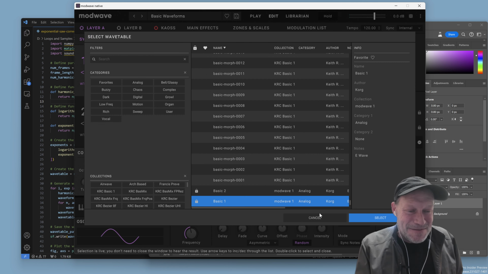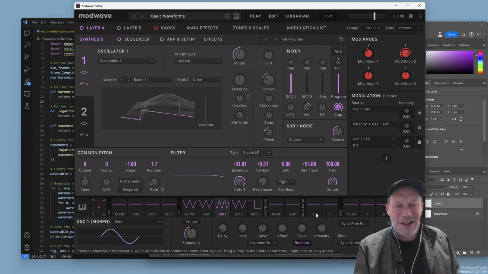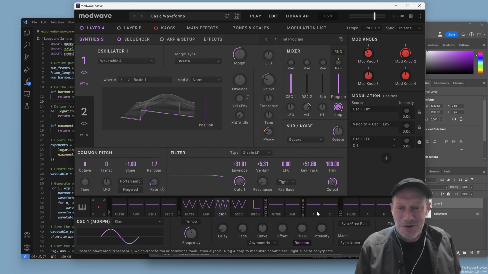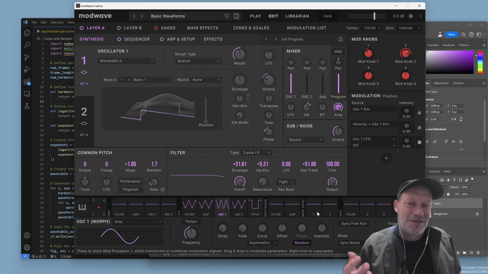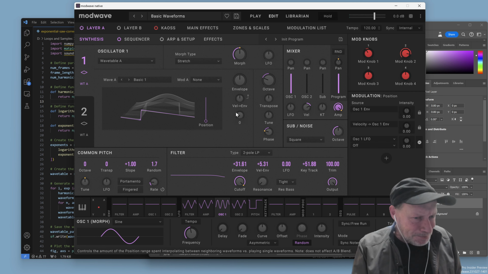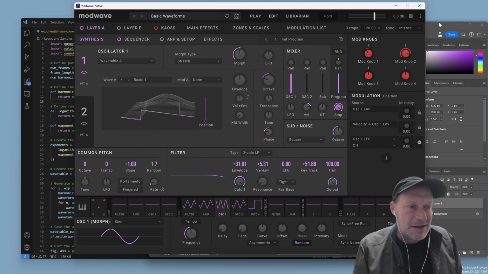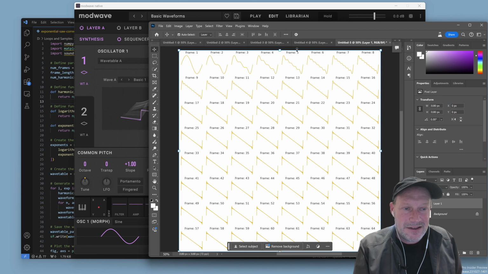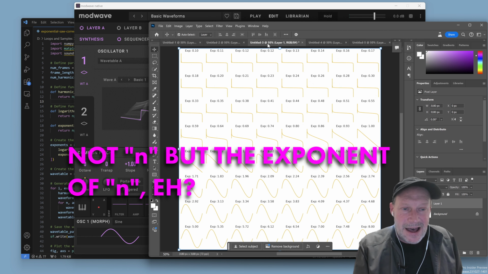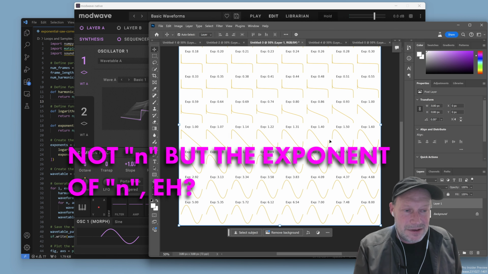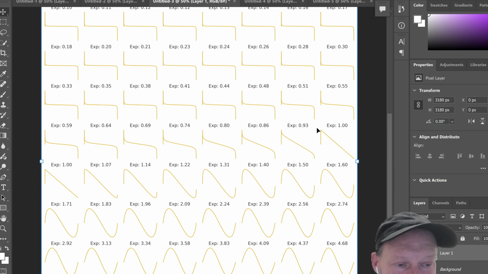So now that we've motivated the whole idea that the waveforms are composed of sine waves, and we can compute them in that manner if we want to, let's look at my experiment in changing n. So here's a plot where, when we get to this exponent of 1, we've got the sawtooth wave.